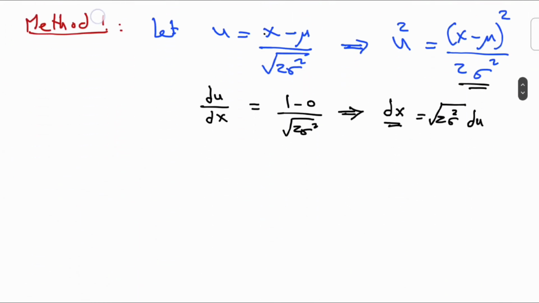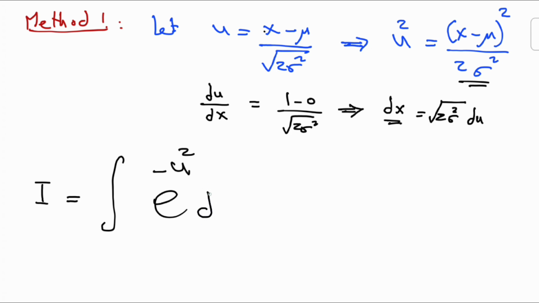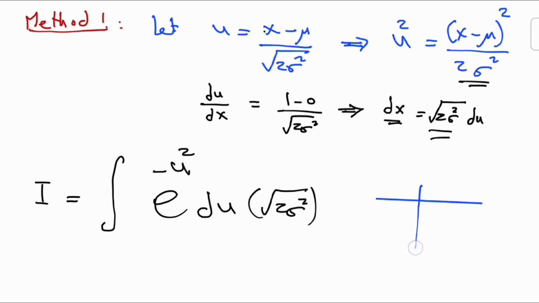Now we are ready to substitute these two in the integral above. So what you get is I equal to the integral of e to the minus u square du, with a constant root 2 sigma square, and of course we need to find the limits. You can create a quick table with the value x and the corresponding value u.